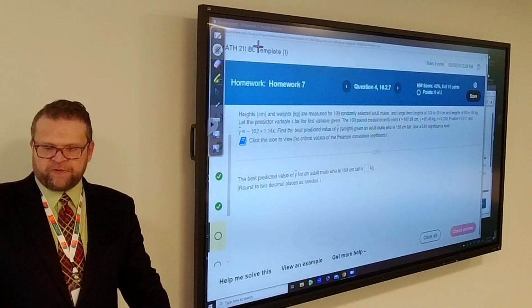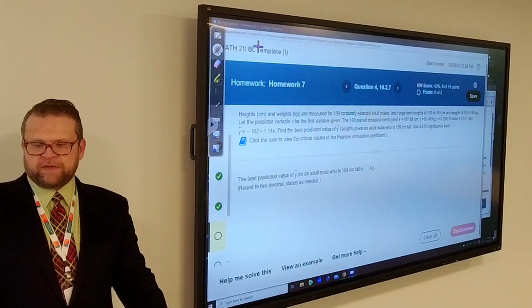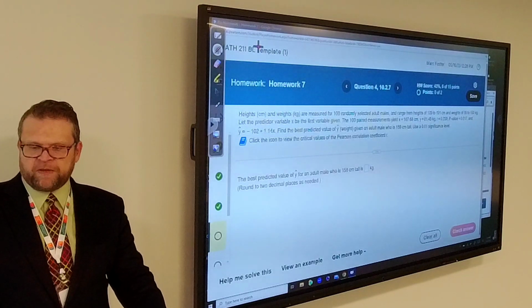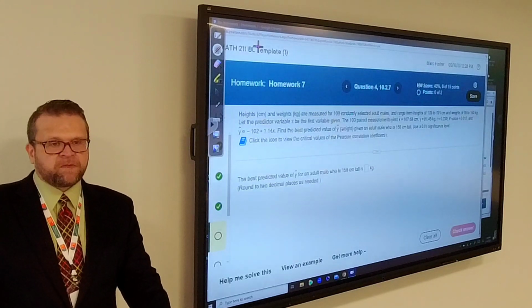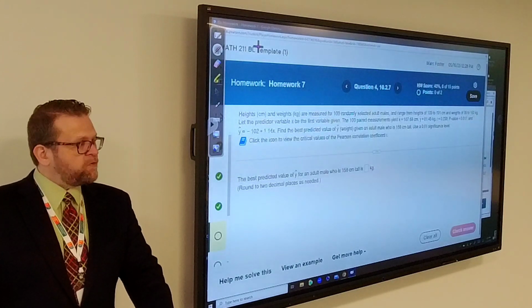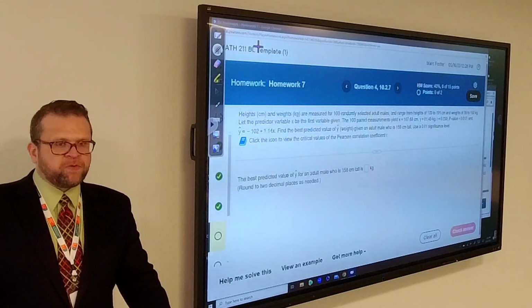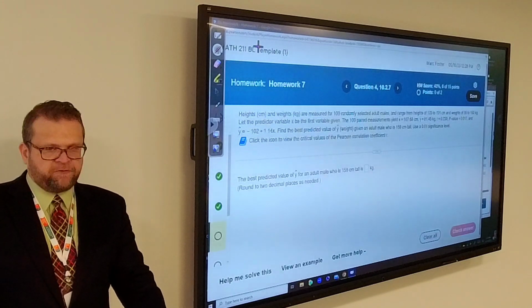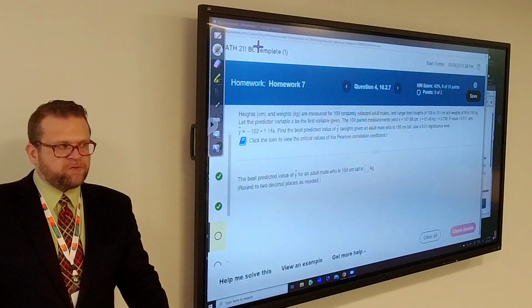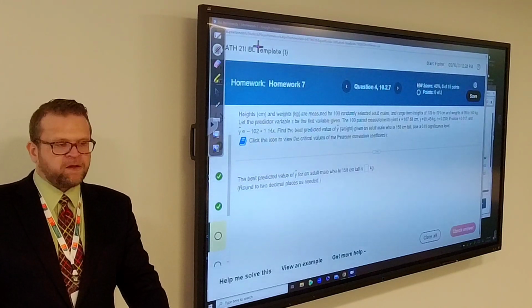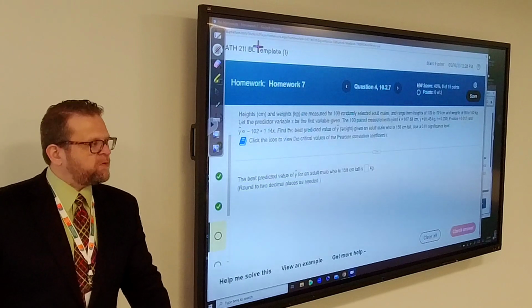Here they're trying to see, is there a correlation between the height of an adult male and their weight? For the most part, there probably should be. If you're 8 feet tall, you're going to weigh more than someone that's 5 feet tall. You just have to. For the most part, right?